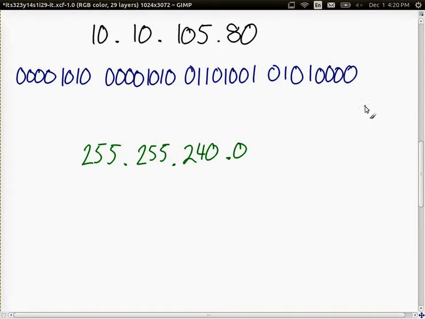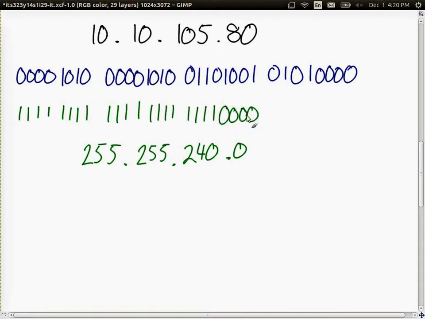It's a little bit simpler to look at if you line it up. 255 is, of course, 8 ones. 255. 240 is 4 ones and 4 zeros. And .0, of course, is 8 zeros.